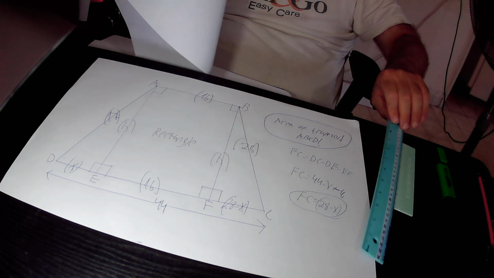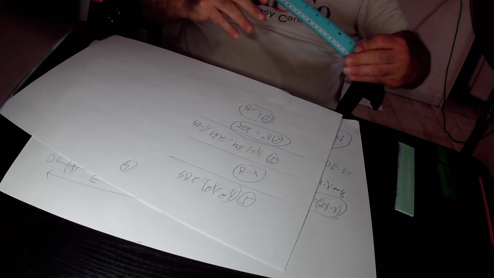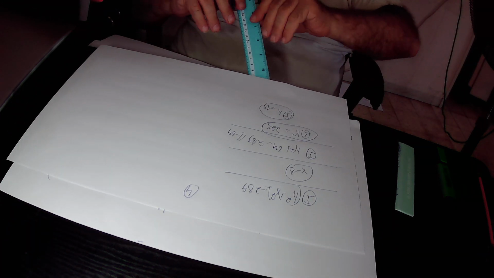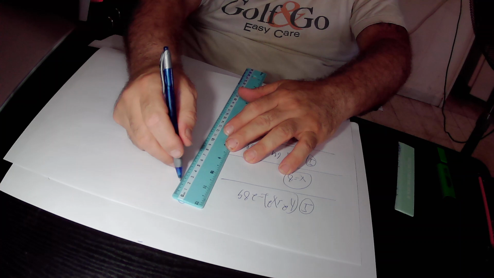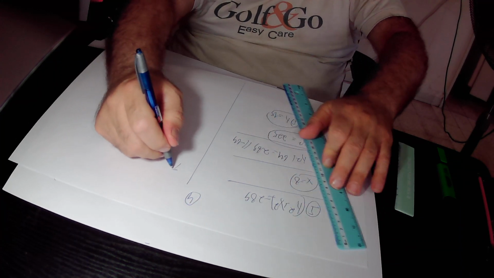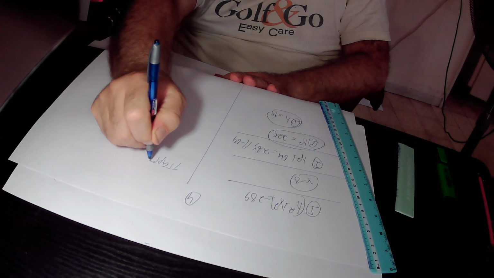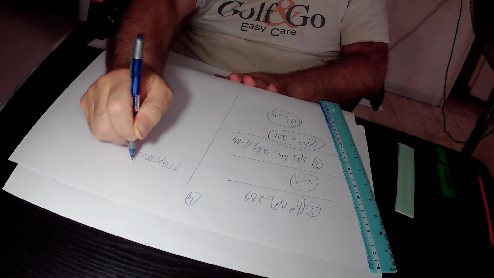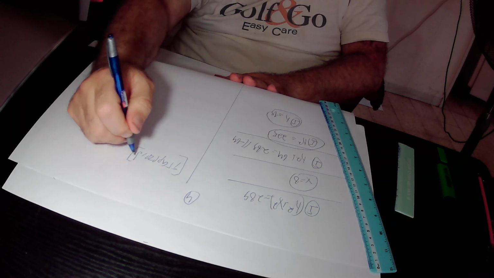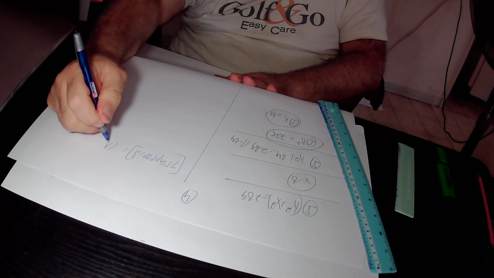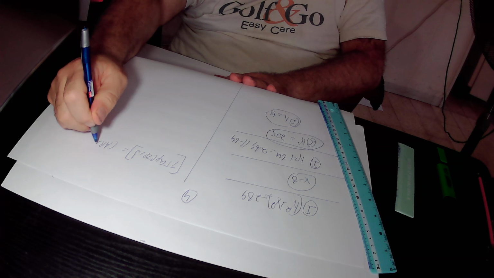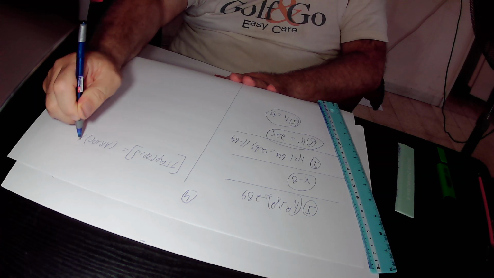So the area of trapezoid ABCD, that is the area we are looking for in this question, equals the sum of its two parallel bases, AB plus DC, times the height H, over 2.